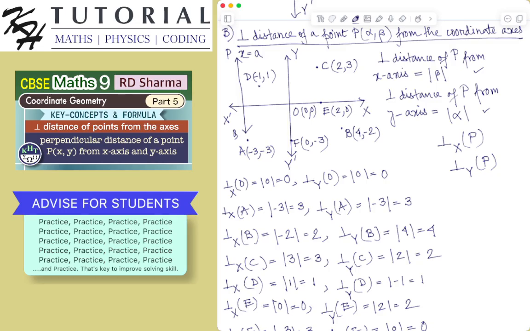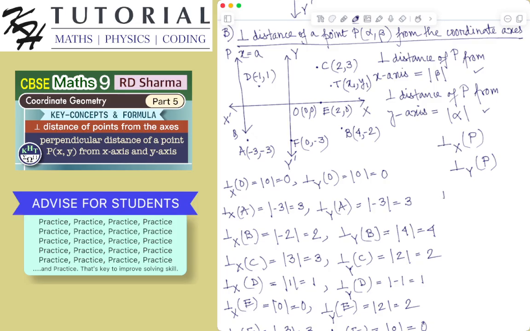Now let's say there is a point T, which could be anywhere, and x1 and y1 are the coordinates of the point T. So what will be the perpendicular distance of this point T from the line PQ, which is parallel to the y-axis, at a distance a from the y-axis?